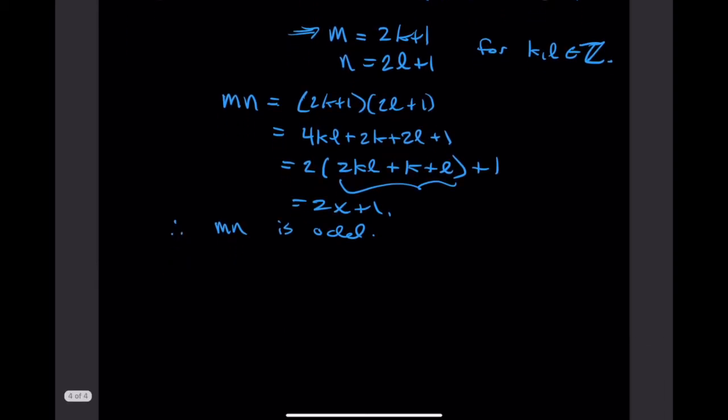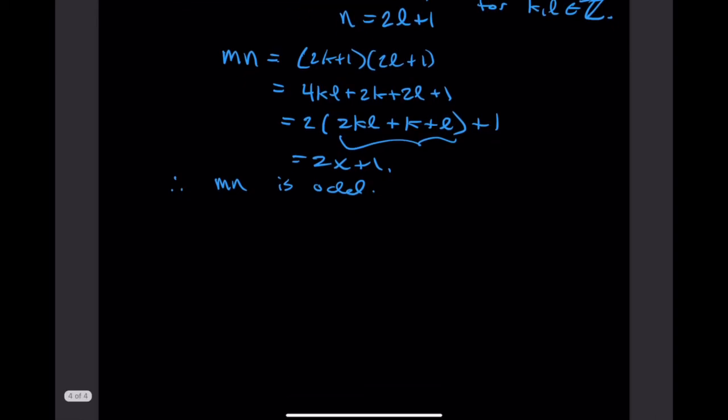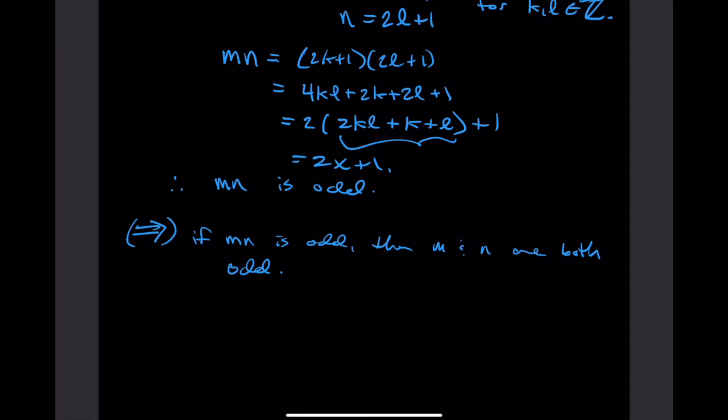Okay, so now we want to do the converse, the forward direction. So here we're going to prove if mn is odd, then m and n are both odd. And the way that I want to do this is using a contrapositive, because we already did this direction. It seems pretty easy.